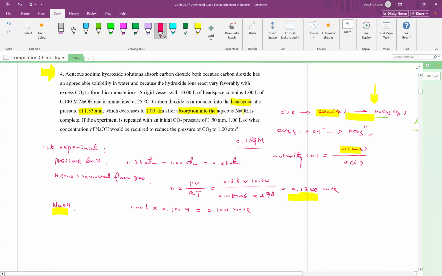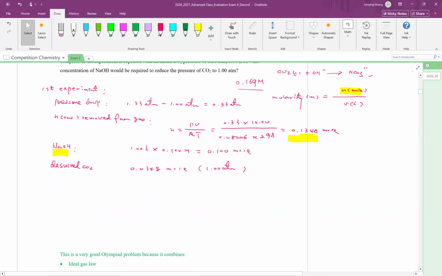Now you get what? So we can calculate the dissolved carbon dioxide. Do you think it is 0.0348 mole? But remember, that's the 1 atm. So that's the first experiment.